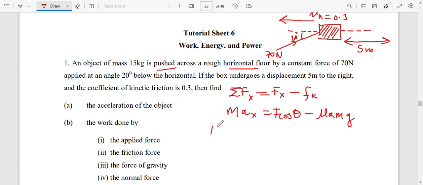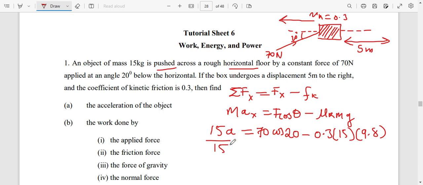The mass is 15 multiplied by the acceleration, that is going to be equal to applied force 70 cosine of 20 minus coefficient of kinetic friction 0.3, mass 15, gravity 9.8. So I'll simply punch what is on the other side, and the result I'm going to divide by 15 for me to remain with the acceleration.